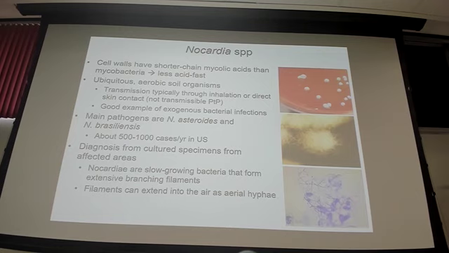When you grow it up on a culture, you get these rough, chalky looking colonies. And if you look closely at some of them, they look very much like an old form of fungi, with aerial hyphae extending upwards out of the plate. It's characteristic for Nocardia. But they are still bacteria. It's important to know they're not fungi, they're still bacteria.